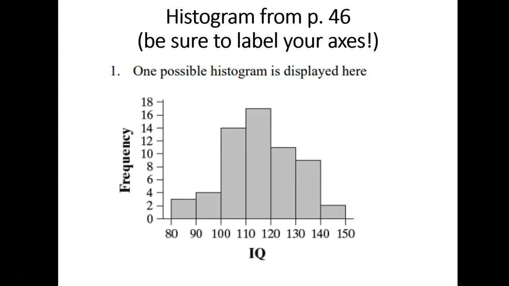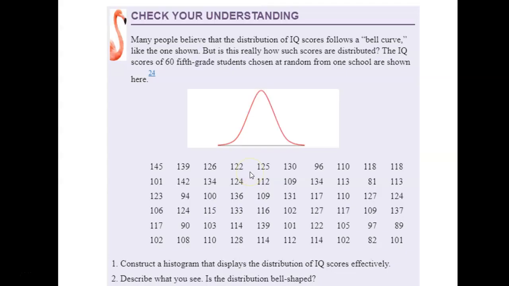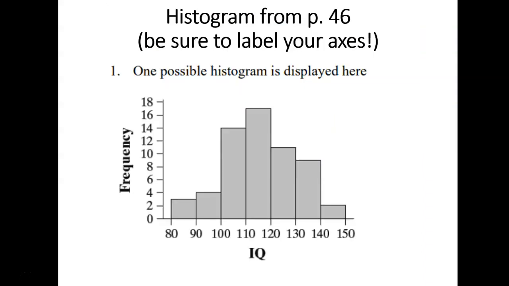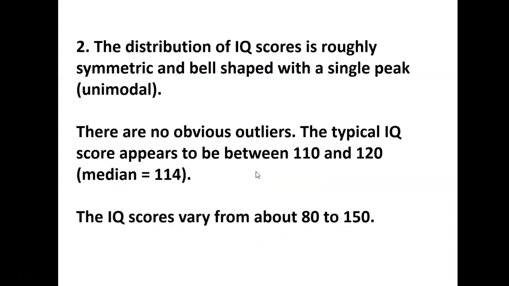Counts are a little easier for me on histograms because I know, if I need to be at, obviously I'm making this up, but we have 60, so if I need to be at the 31st number, this is 3 and this is 4. So already I'm at 7, here's 14, that's 21. And then the 30th one would be in this bar here. So at least I know where the median is.